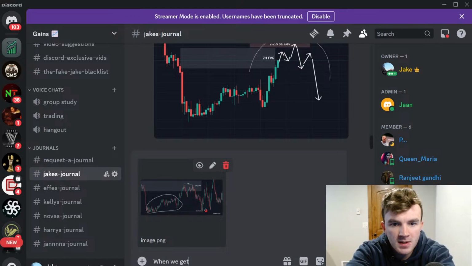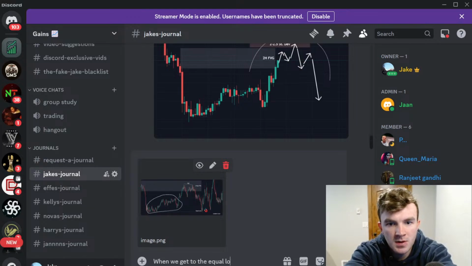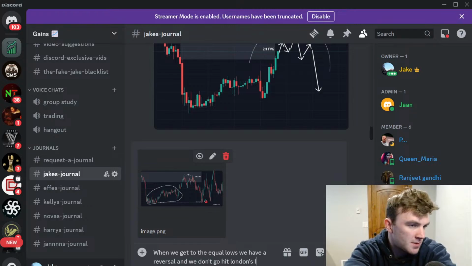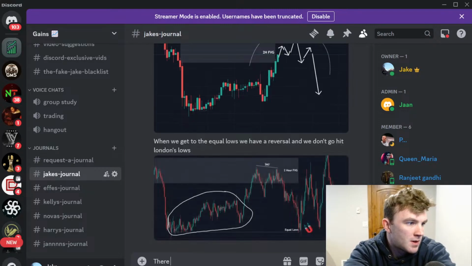When we get to the equal lows, we have a reversal there, and we don't hit London's lows. There are two big reasons for that.